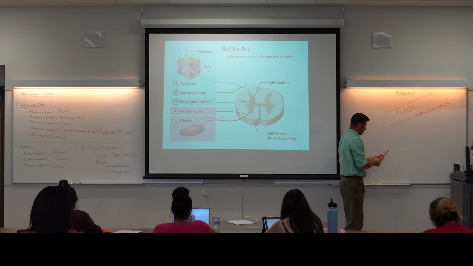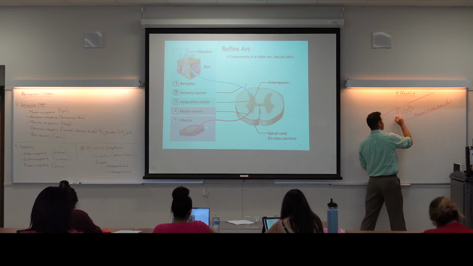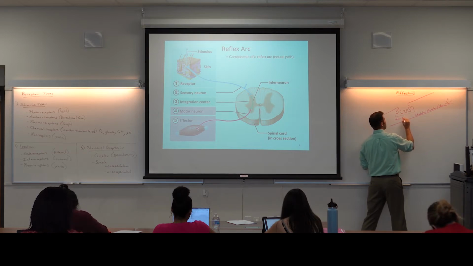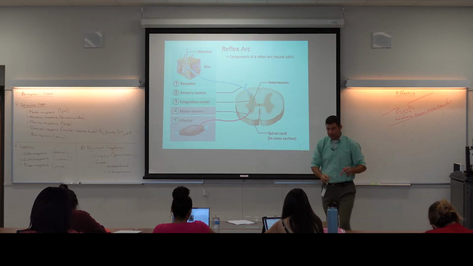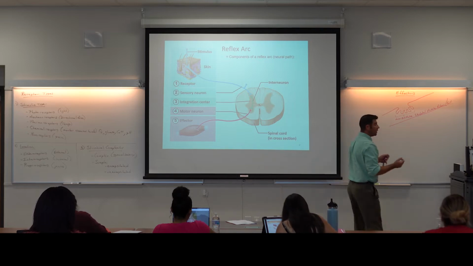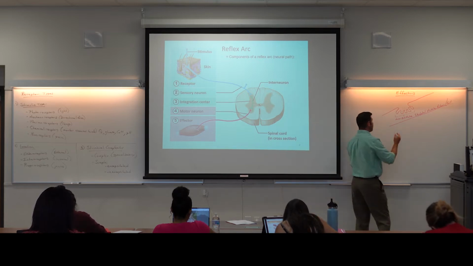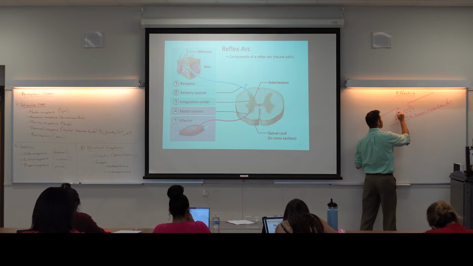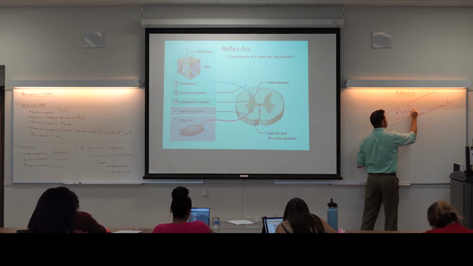It has this area of interest that we said was the motor end plate. And on that motor end plate, let's just get a color for it. Kind of like the dendrites and the cell body, there were these little receptors for neurotransmitters, those non-specific ion channels.